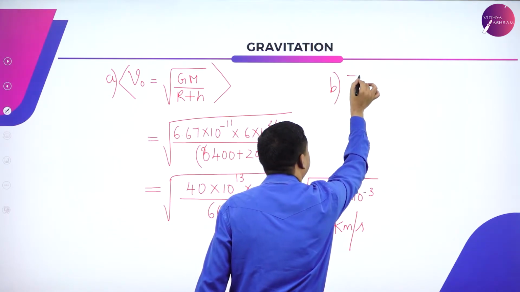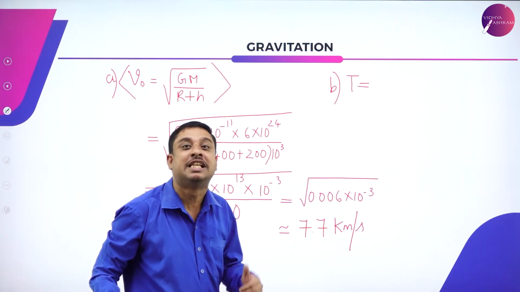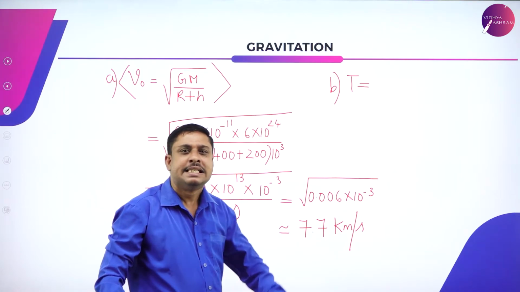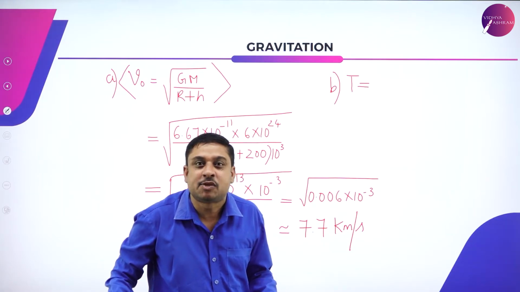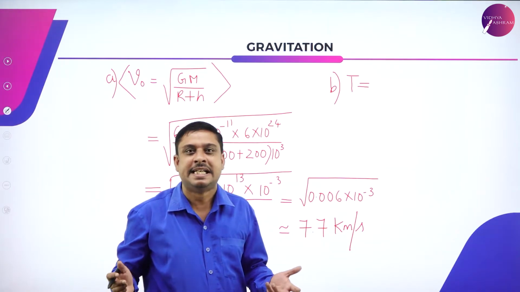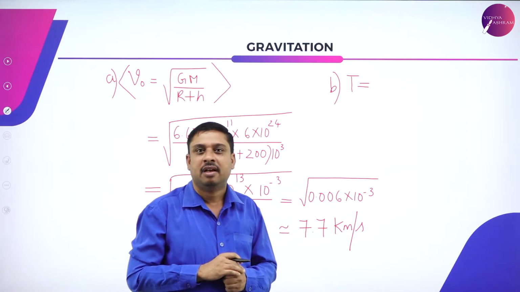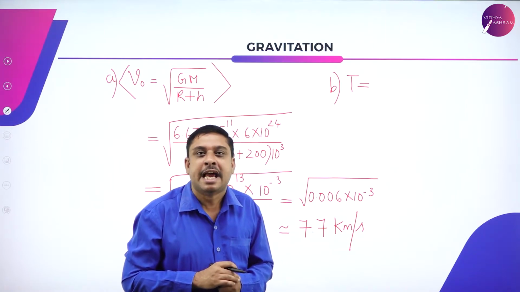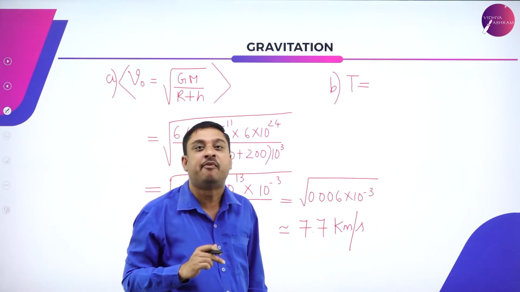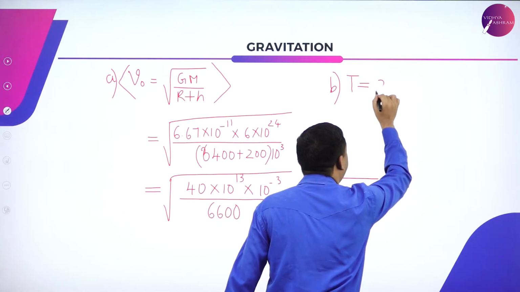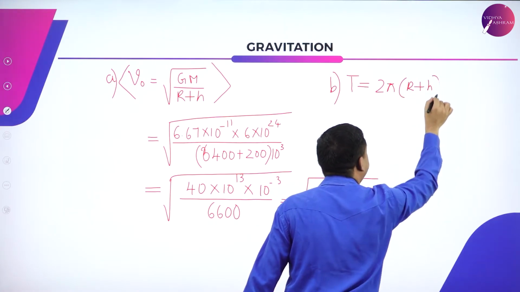B, time period of revolution of the satellite. Generally, how do we describe time? Distance by speed. Distance divided by speed is time. Now, the satellite is orbiting in a circular orbit, circumference 2 pi r, but here it is r plus h.